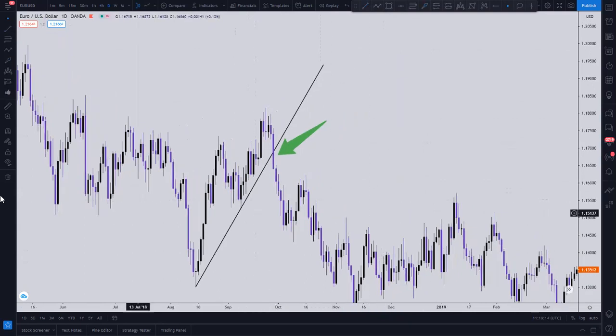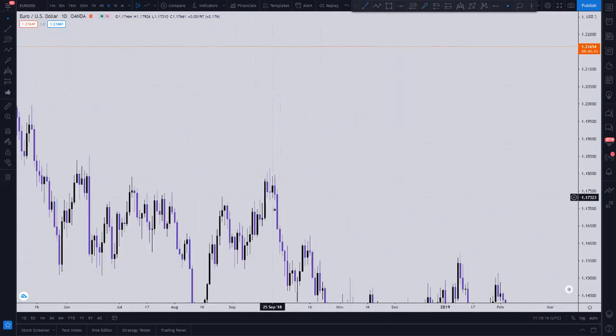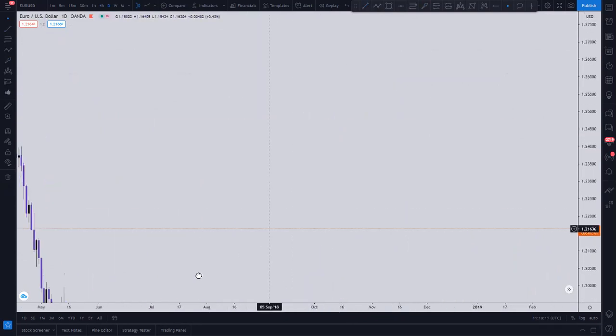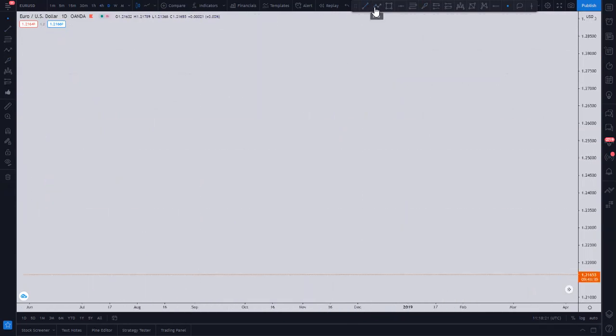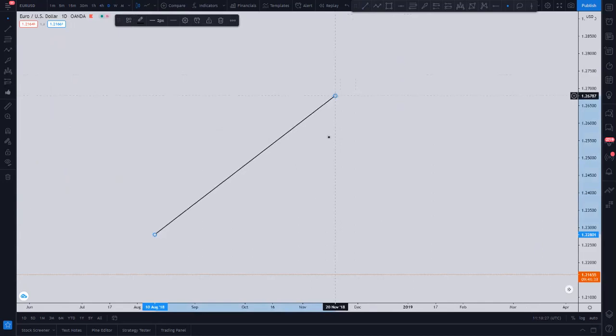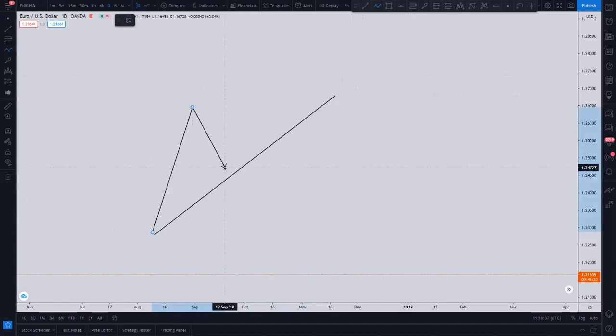So what it actually means, if I go to a drawing board to explain it so that you may understand, is that whenever price breaks a trend line, it must come back and retest that trend line, or retest certain levels. Sometimes it doesn't go straight to the trend line; sometimes it just turns halfway. All I'm saying is a push up and then a push up like that, right?